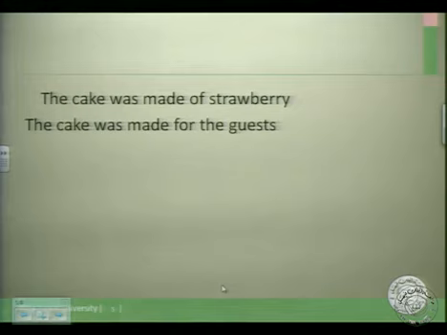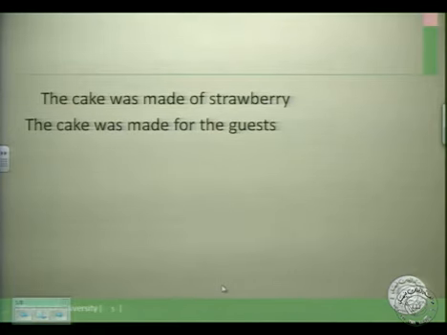The cake was made of strawberry. The cake was made for the guests. Aha. So here we have something different. What's different? We don't know who made the cake. So what we learn here is that it's not necessary at all that we have the doer of the action.